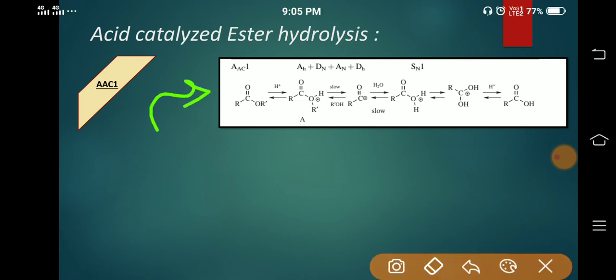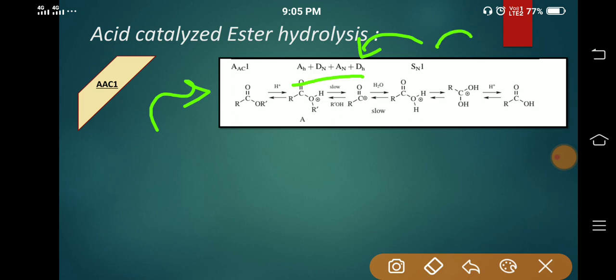This is the first table, and the first row in that table represents acid catalyzed acyl cleavage unimolecular. In this table, this row represents the IUPAC nomenclature for the acid catalyzed acyl cleavage unimolecular reaction.